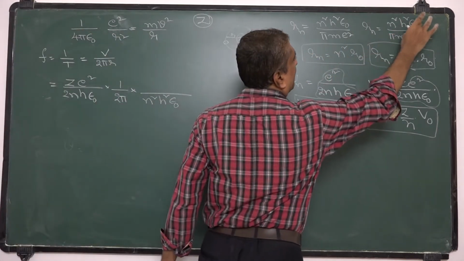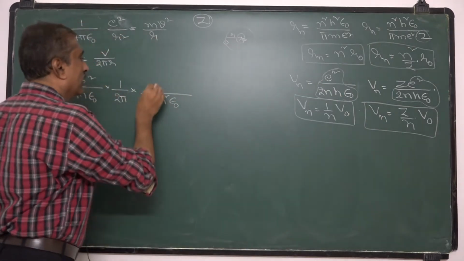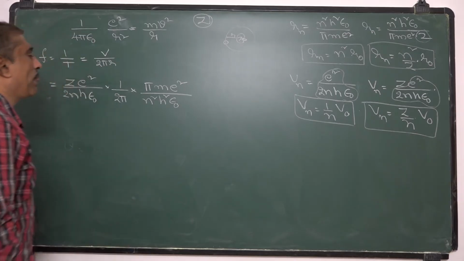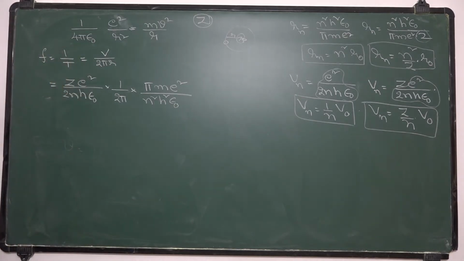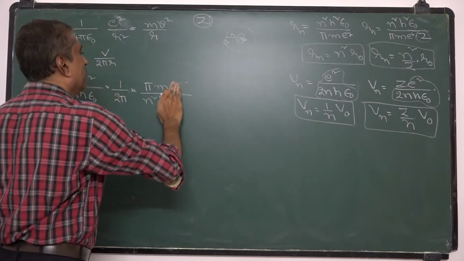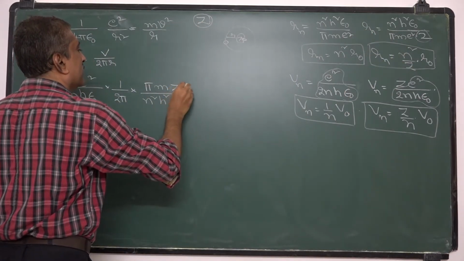not epsilon square, epsilon naught. So pi m e square. Sorry, radius this one, pi m Z e square.